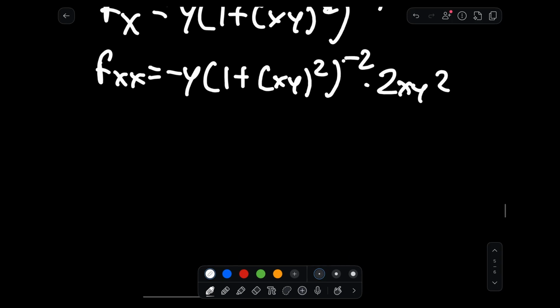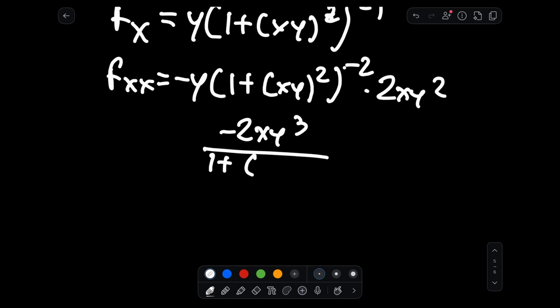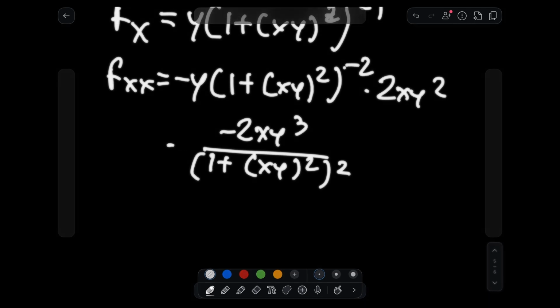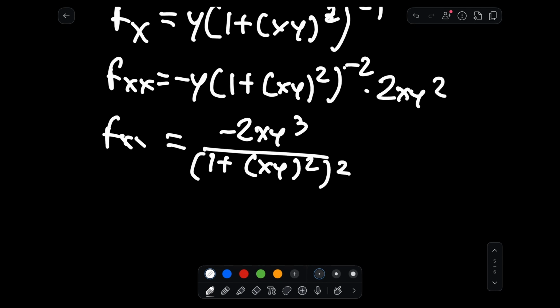So then we're going to get negative 2xy cubed all over 1 plus xy squared equals f sub xx.